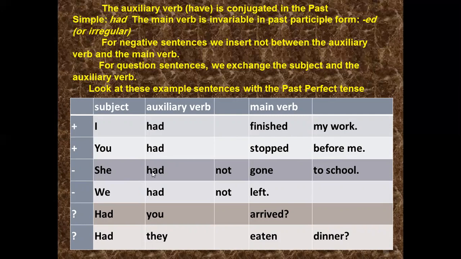She had, negative, she hadn't gone to school. We hadn't left. Had you arrived? Had they eaten dinner? In the question, we begin with had. Yes/no question: Had you arrived? Had they eaten dinner?